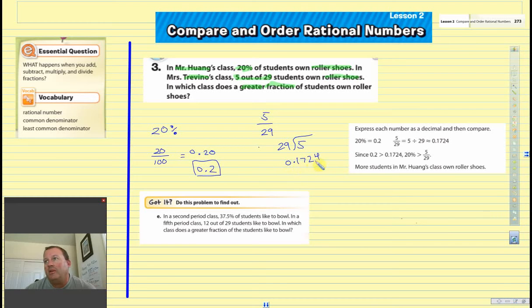I don't need all of that. I only need the first few digits. Just the 2 and the 1, which one's larger? The 0.2 is larger than 0.1. Therefore, 20% is larger than 5 over 29.